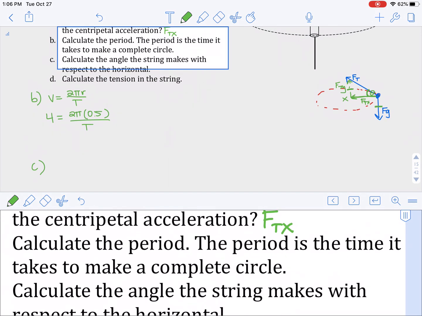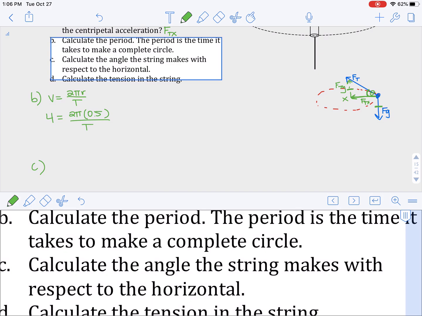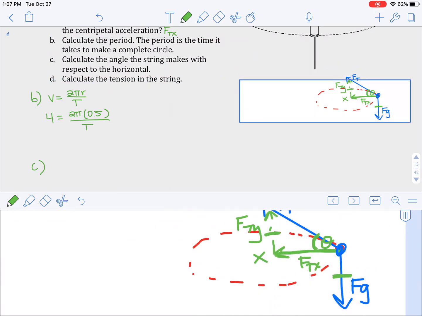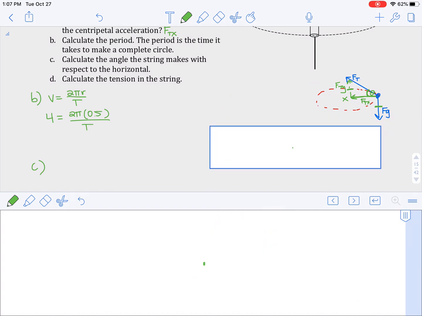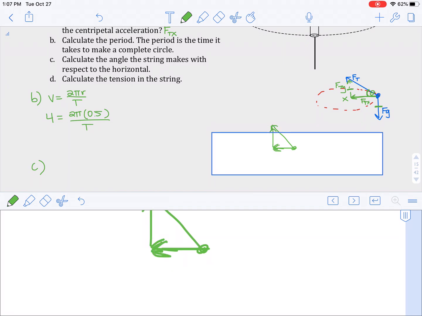Now part C, I'm trying to calculate the angle. In order to calculate the angle, right now, in my vector triangle, I don't know any of these sides. So I'm going to need to calculate two sides to be able to get theta.